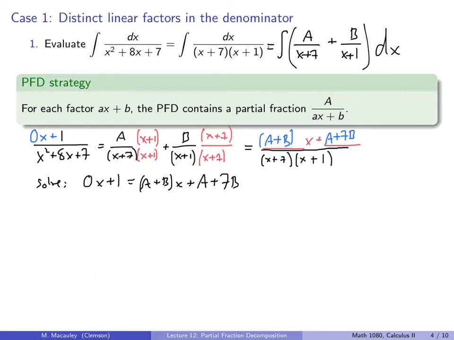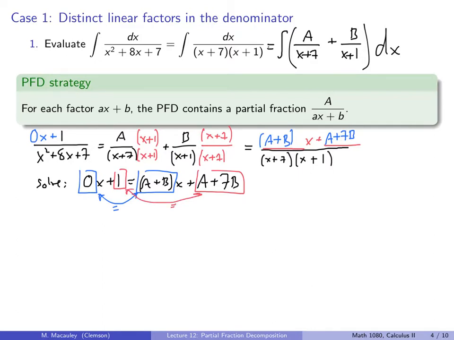So the coefficient of x better be equal to the coefficient of x on the right-hand side, so these must be equal. And the constant term on the left-hand side must be equal to the constant term on the right-hand side. So those must be equal.